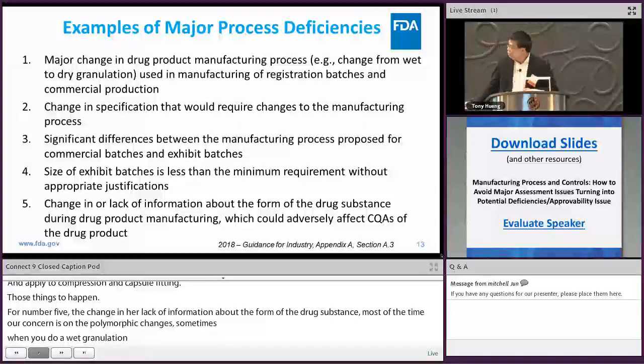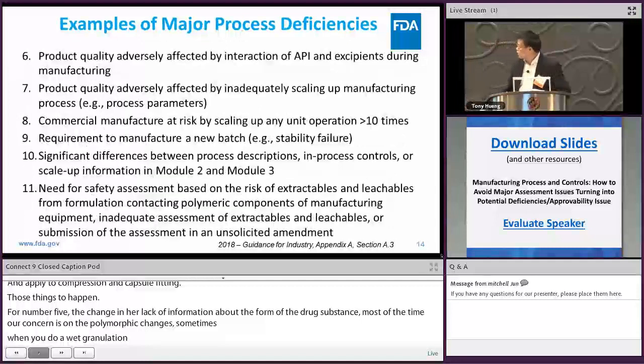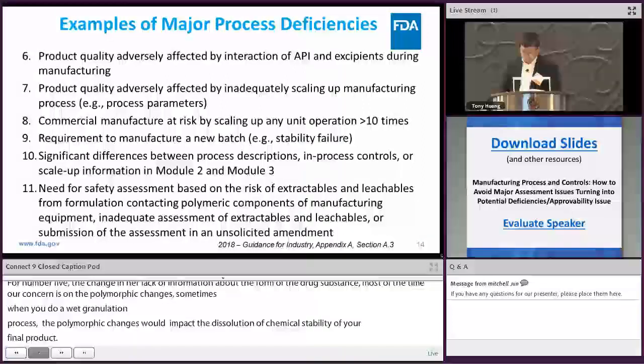And also number 8, commercial manufacturing at risk by scaling up any unit operation larger than 10 times. Please note that it's about any unit operation.